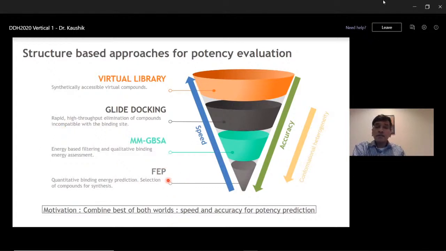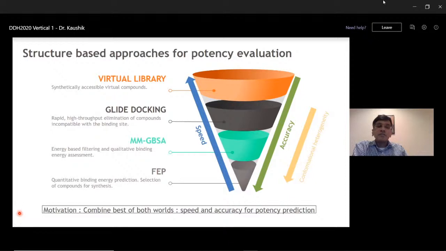On the other end of the spectrum, you have methods like FEP, FEP standing for free energy perturbation, which are thermodynamically very rigorous. But the amount of time it takes to evaluate this calculation makes it less feasible for evaluating a large library.